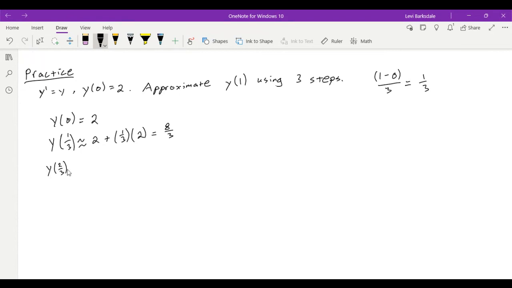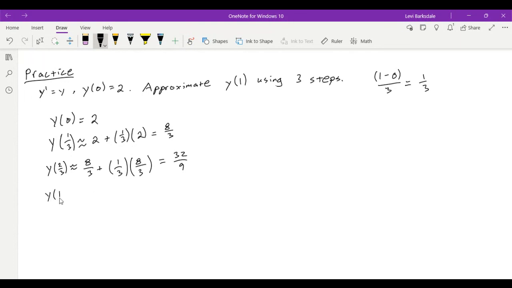Next, we have y of 2/3, which would be our previous y value, 8/3, plus our change in x, 1/3, times our previous y value, which is our slope, because our slope is just our y value. So times 8/3, and this comes out to 32/9.